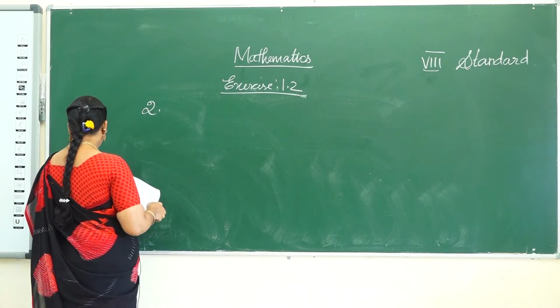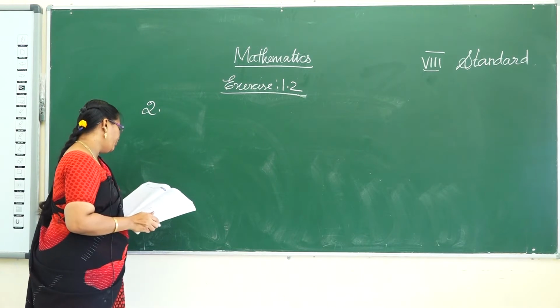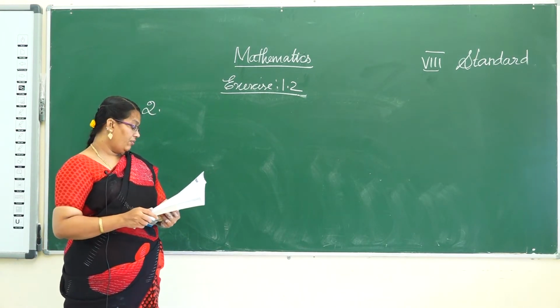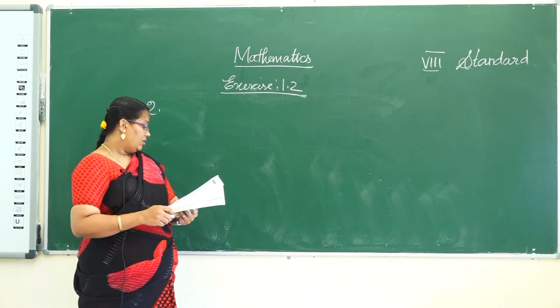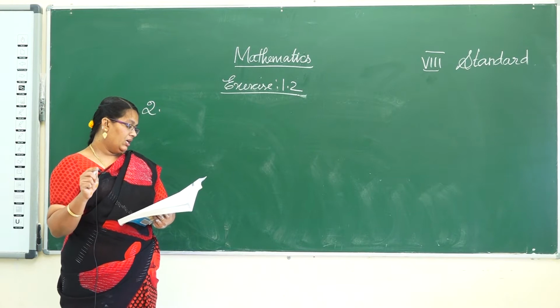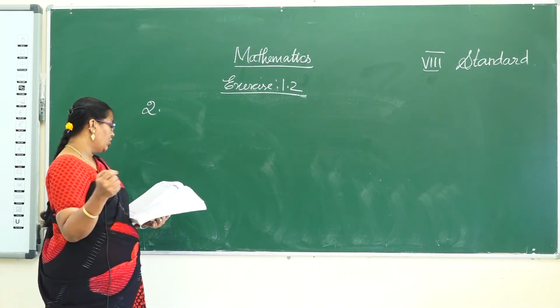Write the name of the property used in each of the following. See the first one, A. The given property is the distributive property of multiplication over addition.